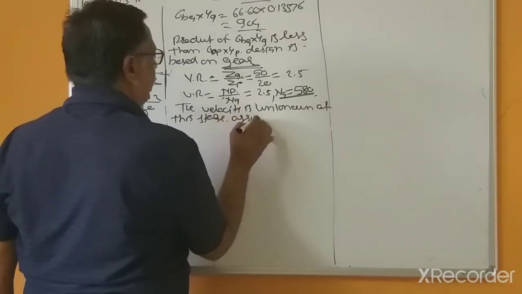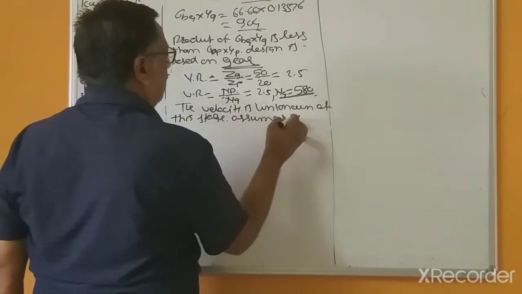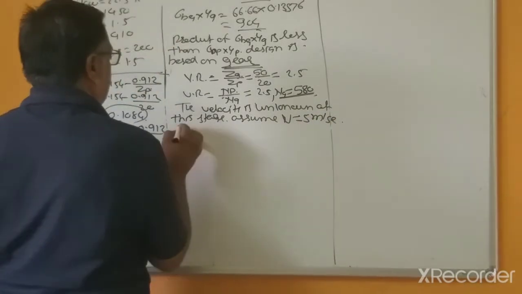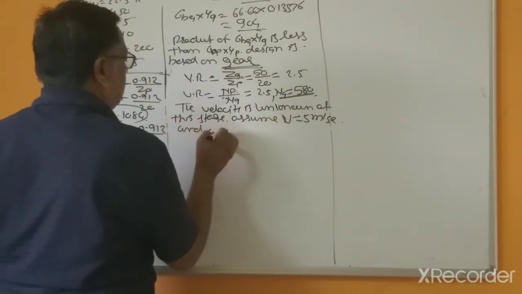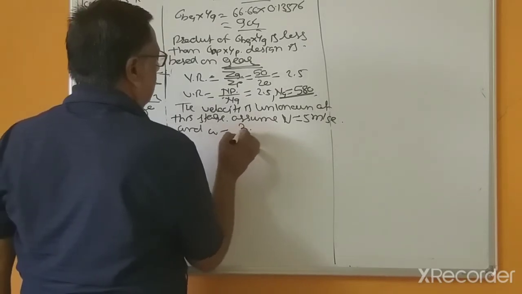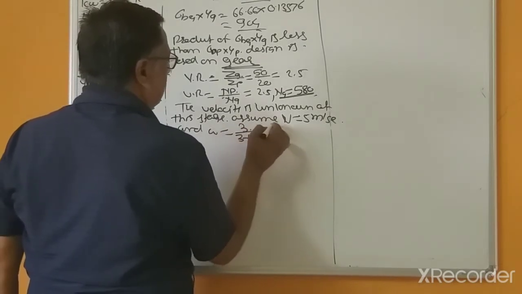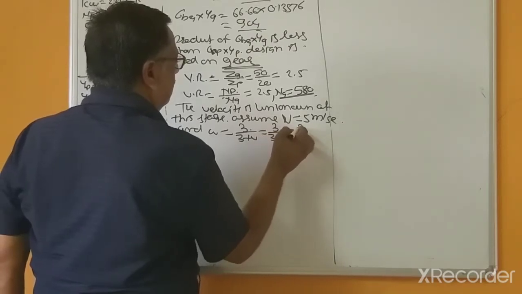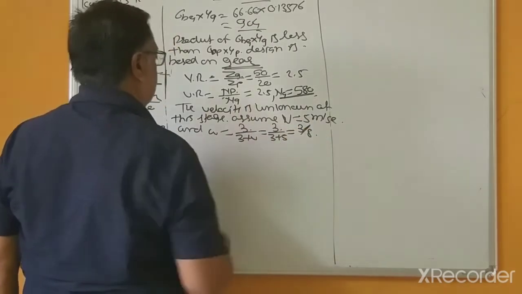So assume V equal to 5 meters per second and CV equal to 3 divided by 3 plus V. So that's why this is 3 divided by 3 plus V, means 5, 3 by 8.